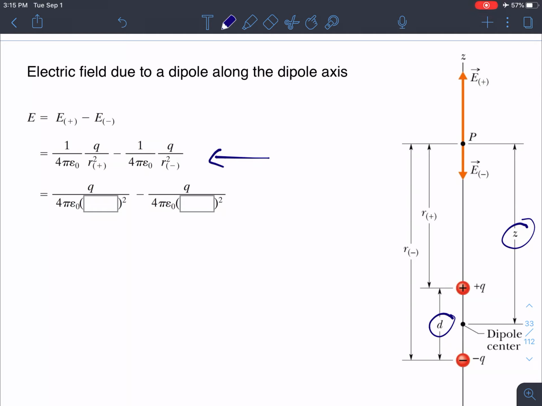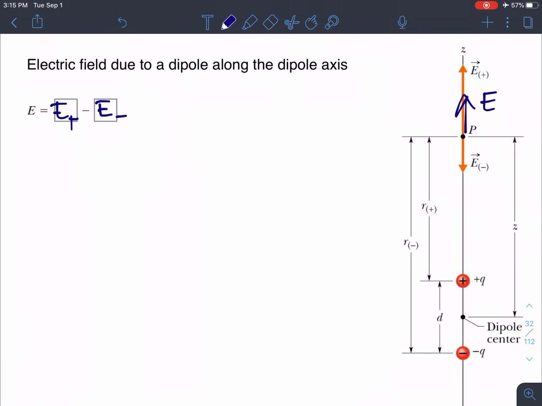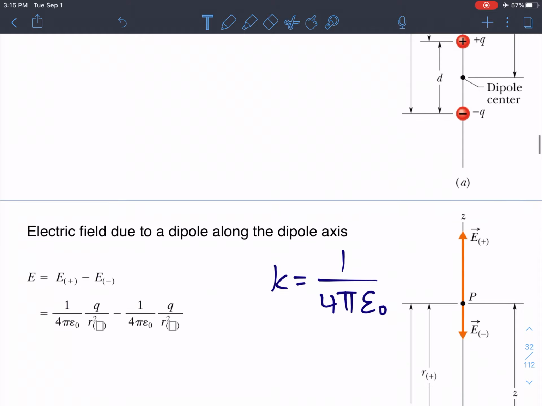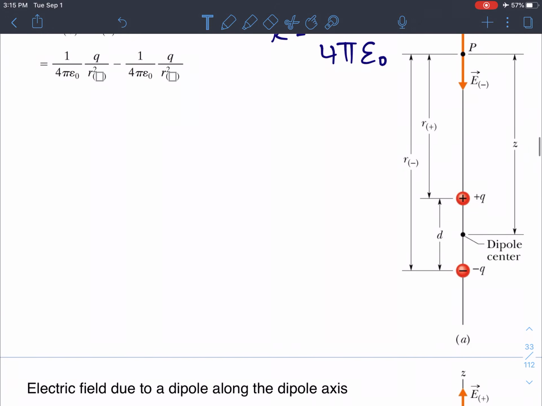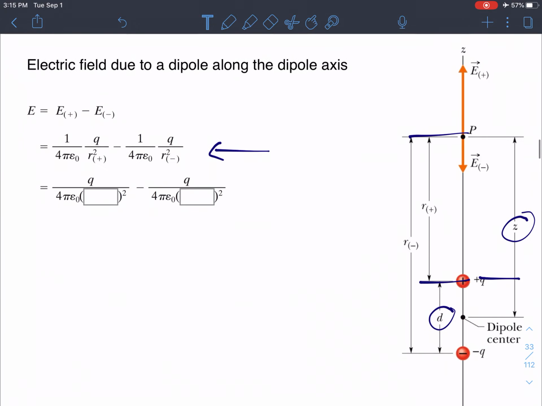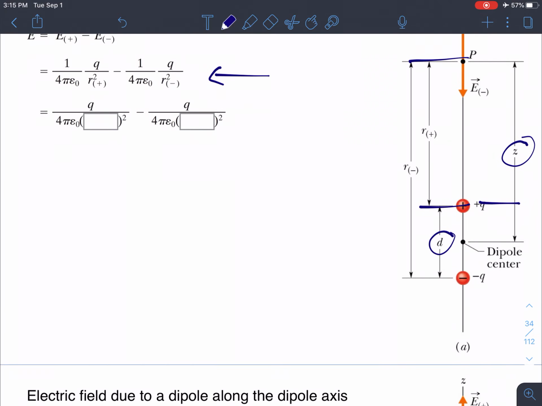So take a moment to think about how you would write r plus. r plus is from here to there. It's not z because it's shorter than z. So I need to figure out how much this part is.